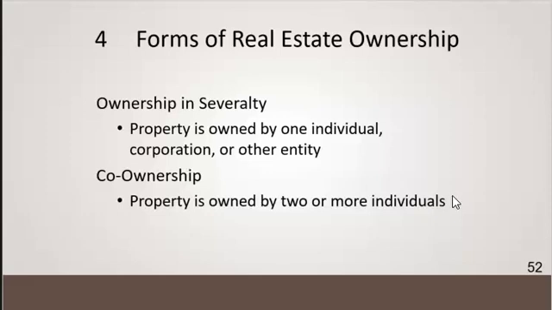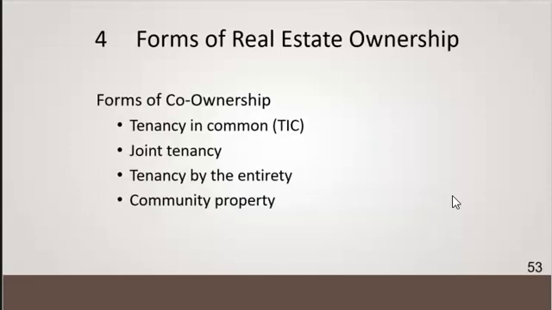The second way to own property is some form of co-ownership. Co-ownership, meaning two or more individuals. All right? We're going to talk about two major ways that co-owners own property. The first one I want to talk about is a thing called a tenant in common.